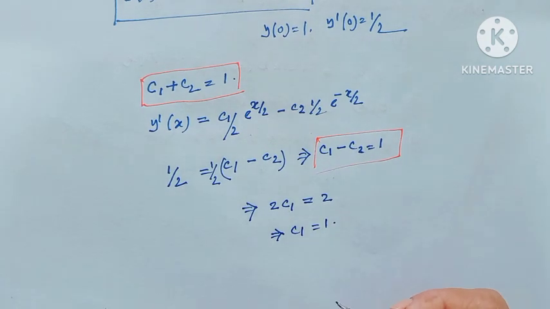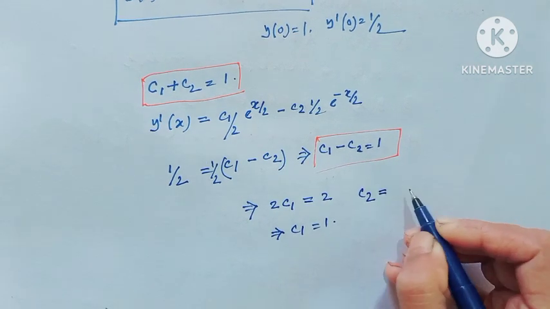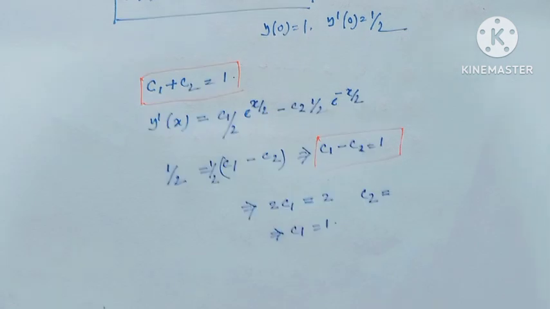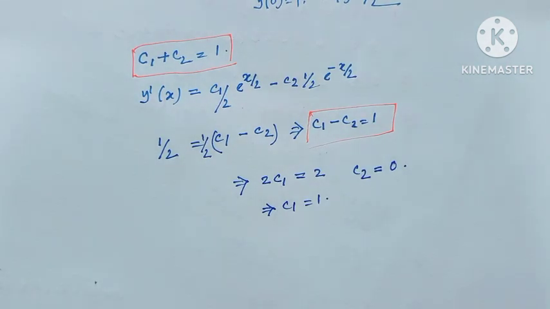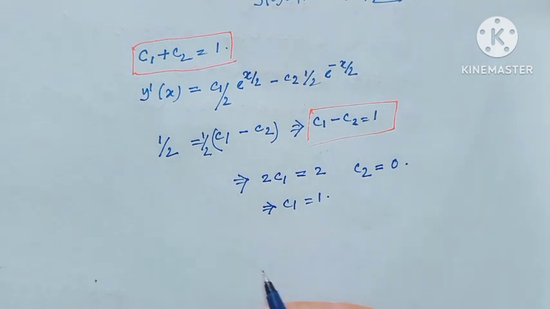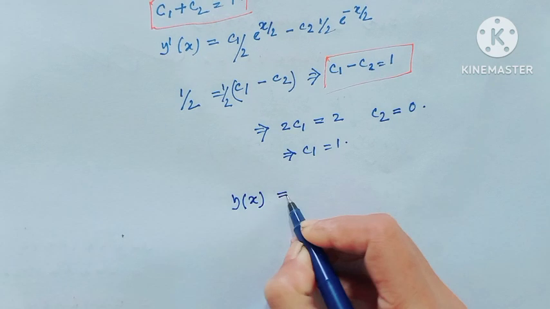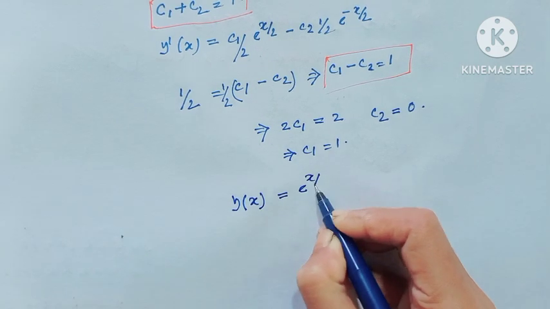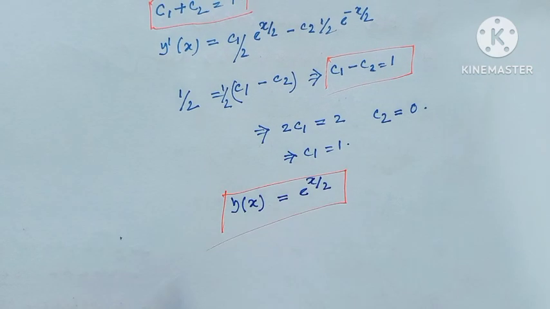And if c1 equal to 1, that implies c2 equal to 0. So the function is y(x) equal to e to the power x over 2. This is our given extremal.